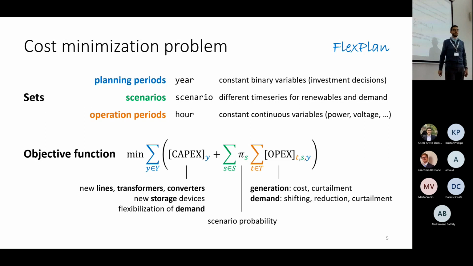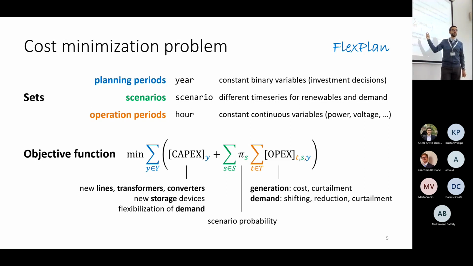Okay, maybe now I understand the question better. There are some constraints between consecutive years, but they are only related to investment. What is intended here is that you have 3 planning years and 30 scenarios, which are 10 for each planning year.